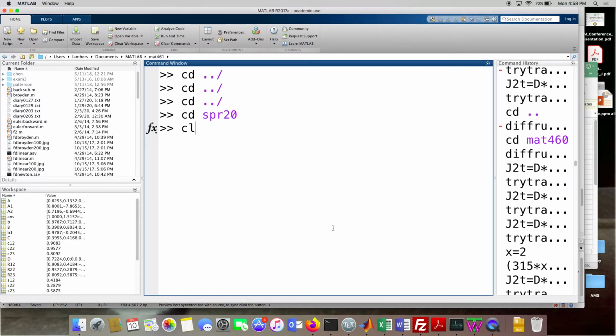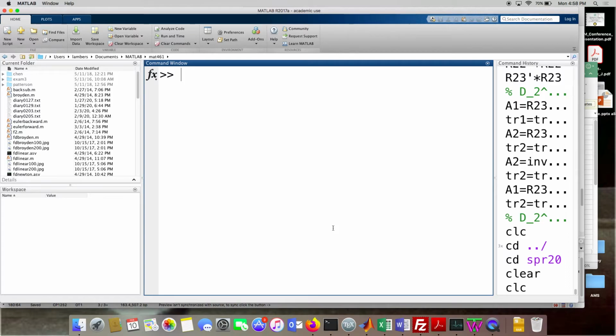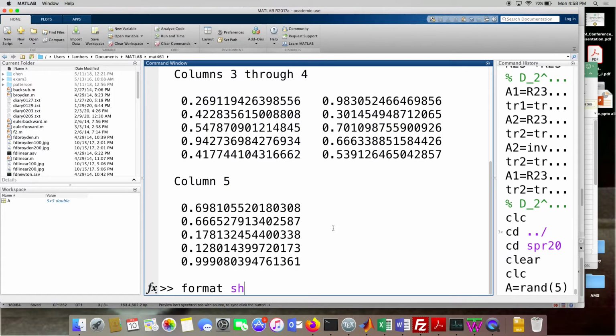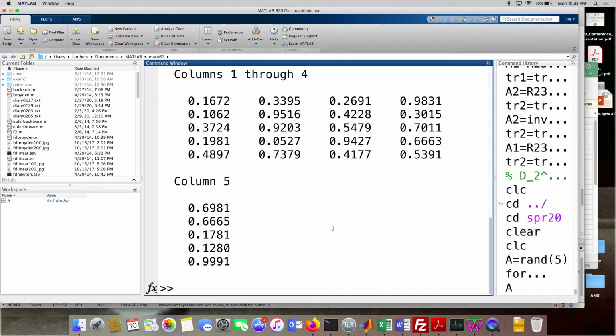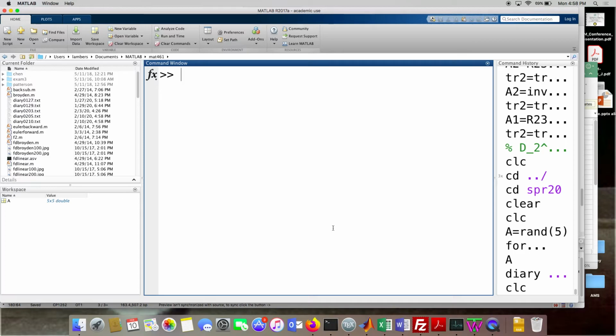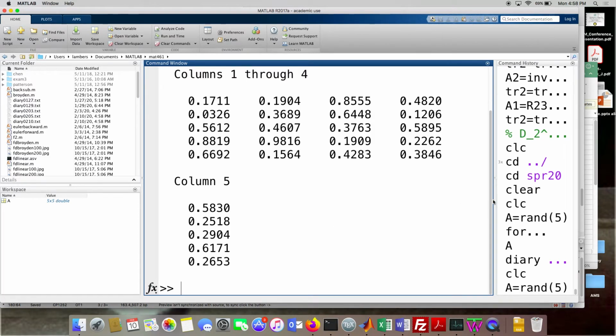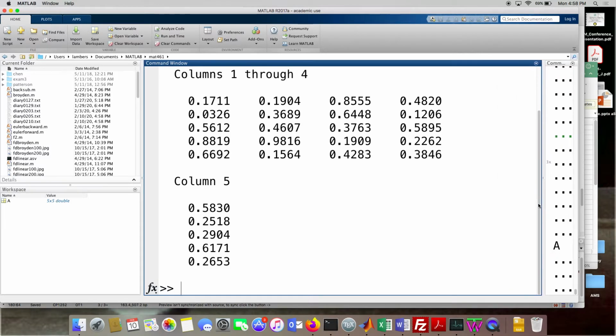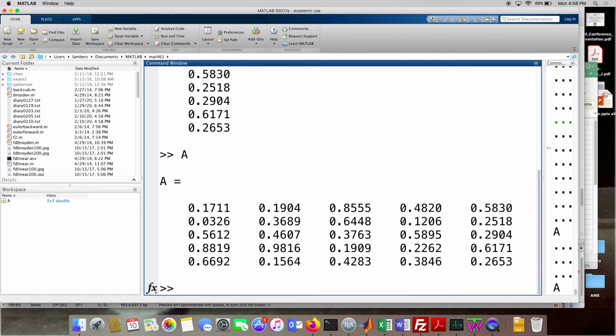All right. So let's make a random matrix. Oh, wait. Okay. I might be able to see the whole matrix at once. Okay, now I can see everything.